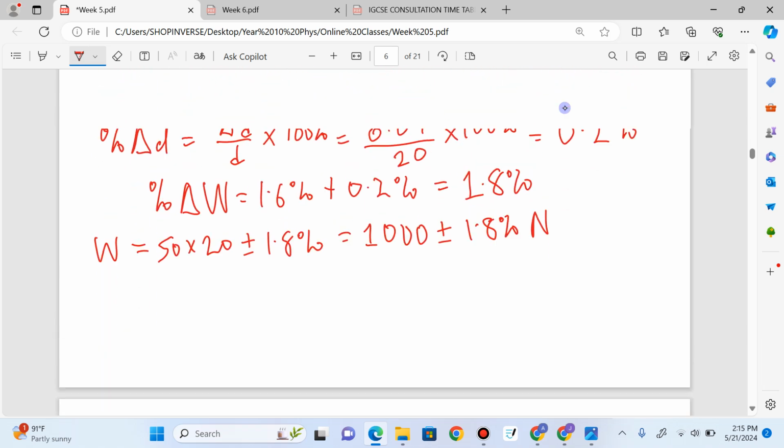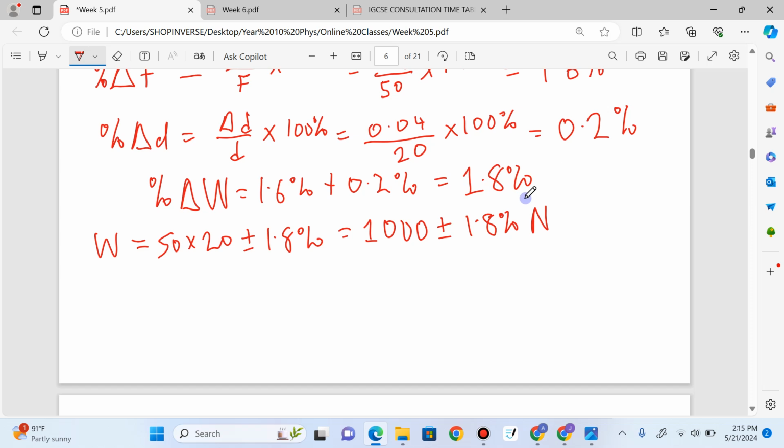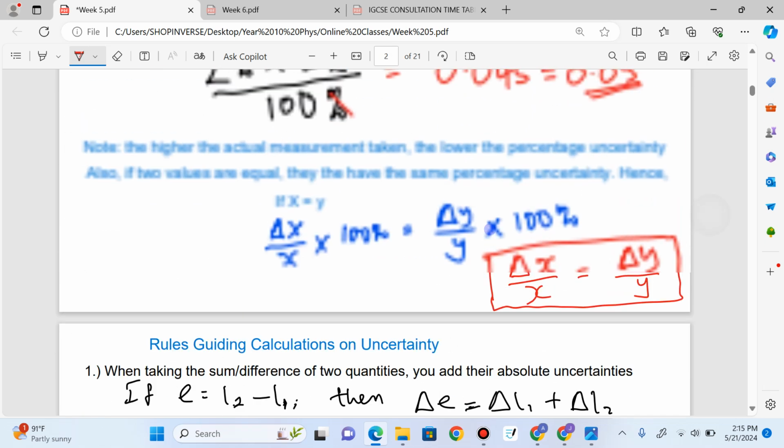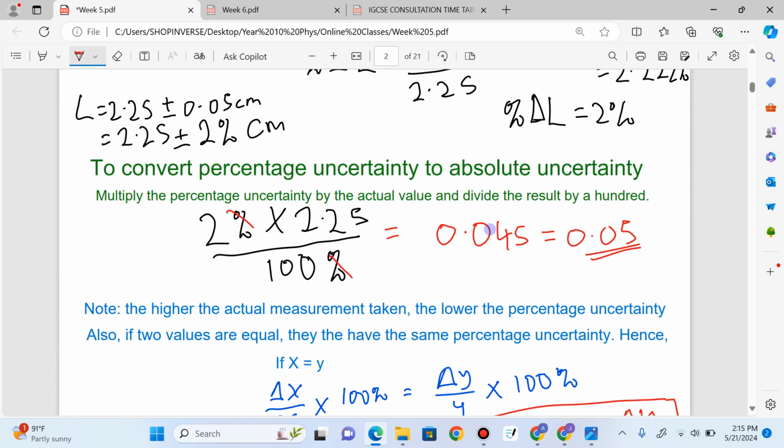And you may go the extra mile of expressing your answer as an absolute uncertainty. If you want to express your answer as absolute uncertainty, what will you do? Then use that formula I gave you of how to convert from percentage uncertainty to absolute uncertainty.